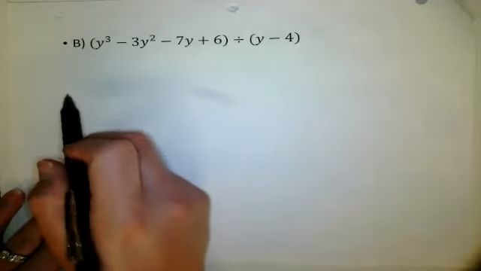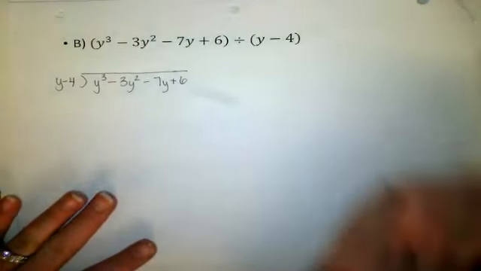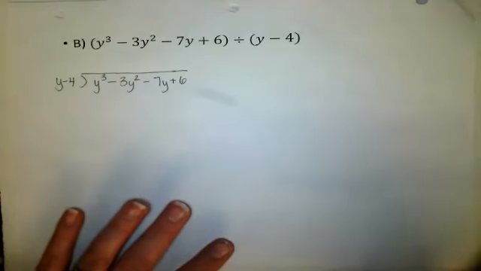All right, what's my divisor? y minus 4, yeah. y minus 4 is the divisor. And we're dividing into this first polynomial here, y cubed minus 3y squared minus 7y plus 6. And what's the algorithm? What's the pattern?